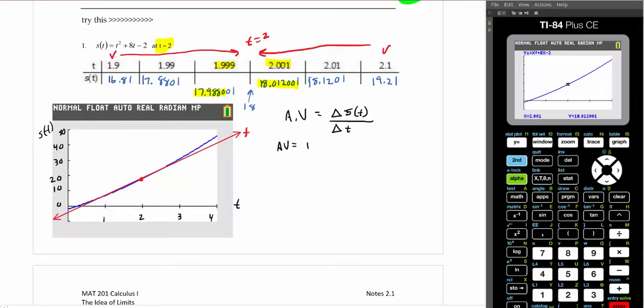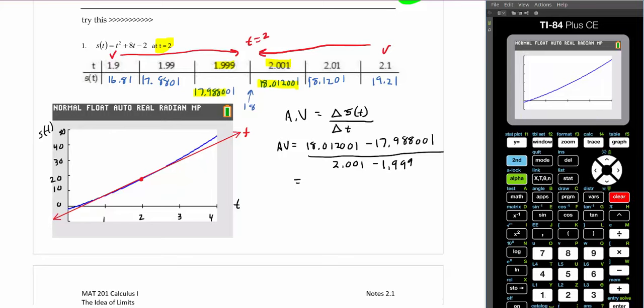So the average velocity, I'm going to use 18.012001 minus 17.988001, and then the change in time is going to be 2.001 minus 1.999. We're going to crunch this out to make a conjecture.